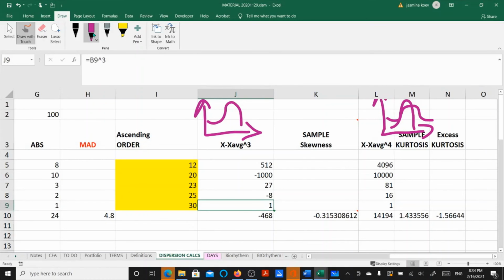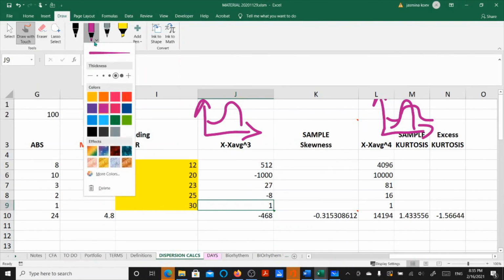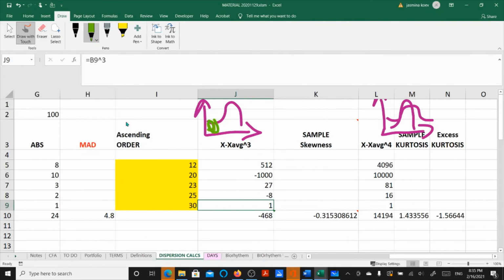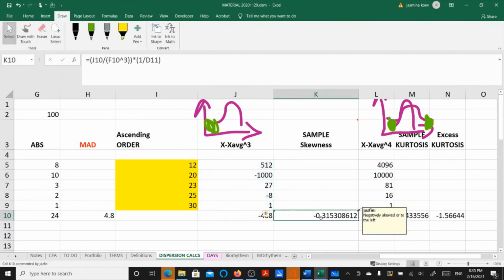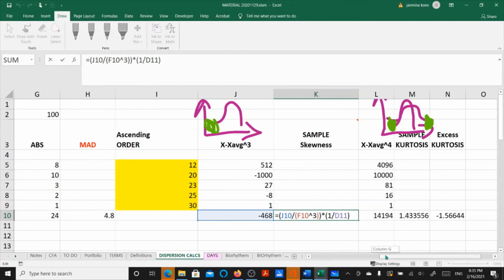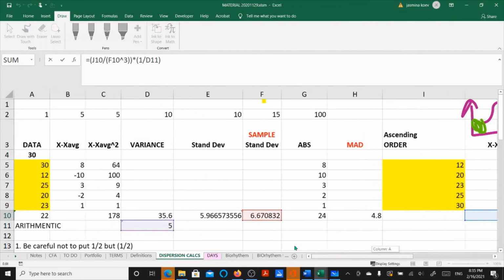We're always concerned with these tails, always what's falling in these tails, where's the data falling. So to the power of 3, sum it up, and then you divide by the number of observations, F10.